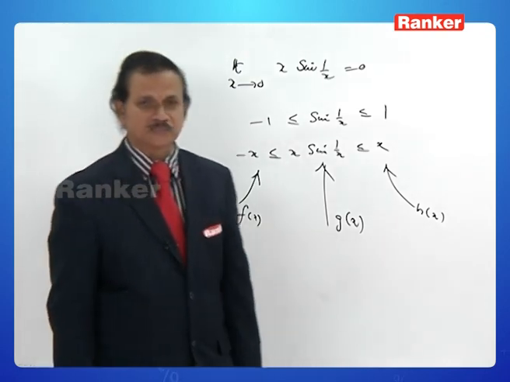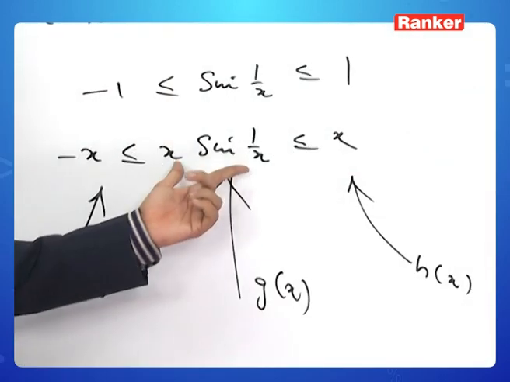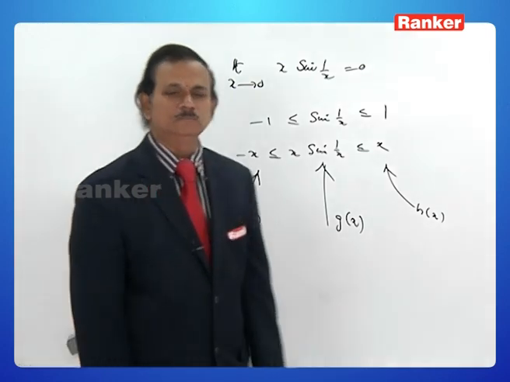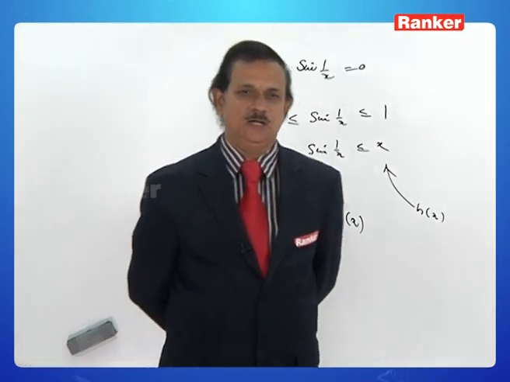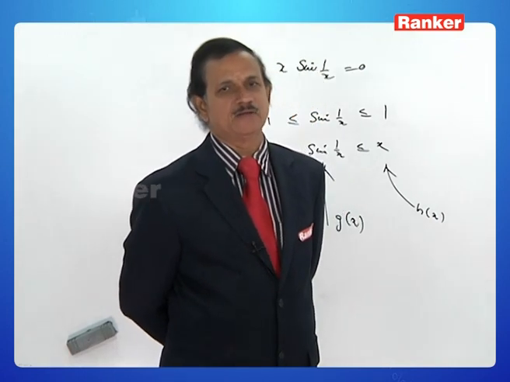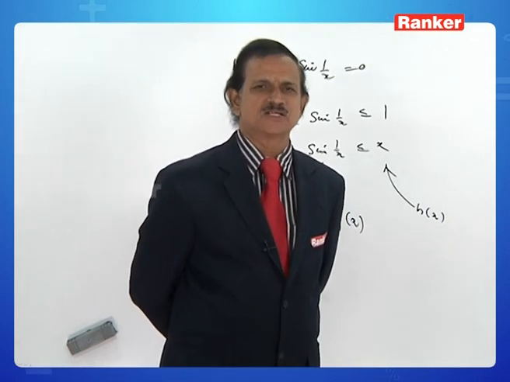Hence, limit as x tends to 0 of g of x is also 0. That is, the quantity x sine 1 by x is also approaching 0. So like this also we can support the result that limit as x tends to 0 of x sine 1 by x is 0. And there are so many more applications.